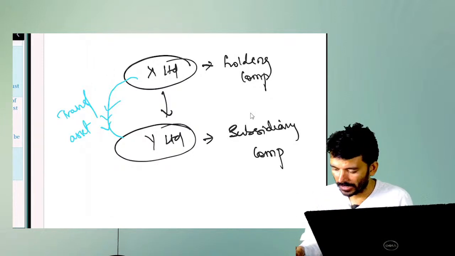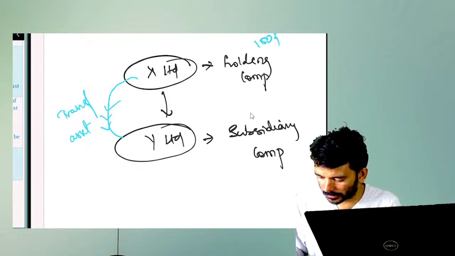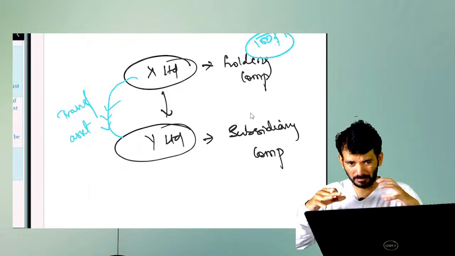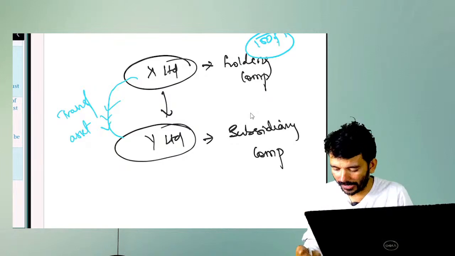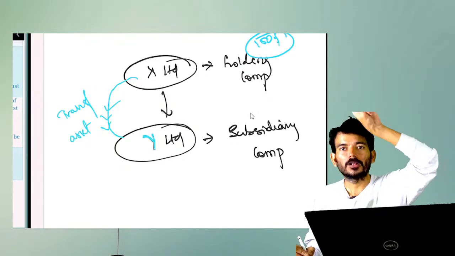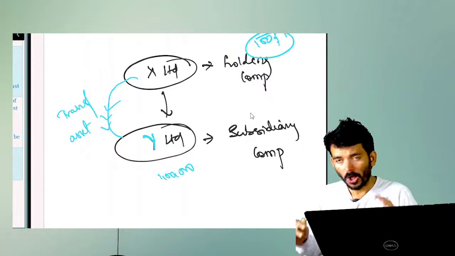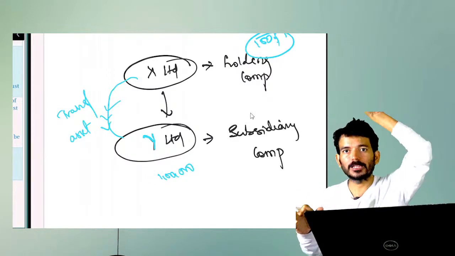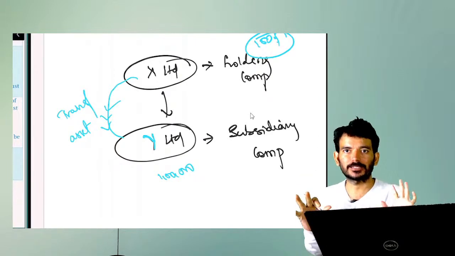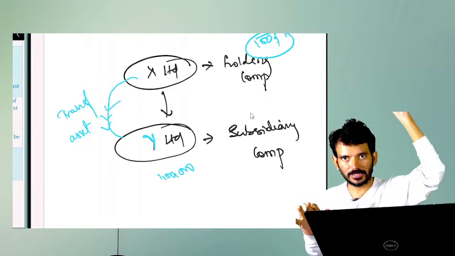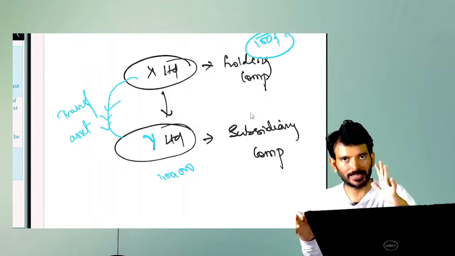But the condition is that it should be a wholly owned holding company. Meaning 100% of the capital of Y Limited should be held by the holding company. Like if I have 1 lakh shares, all 1 lakh shares should be held by the parent company. Then only this transaction is eligible. Otherwise, they have to pay because they are giving an asset to me, right? It's a transfer.